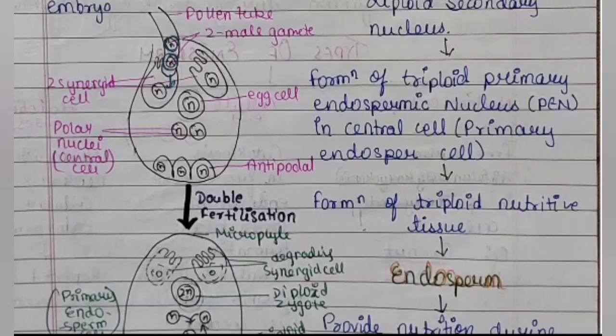So the two male gametes enter through the pollen tube into one of the synergid cells, right? And through the synergid cell, it reaches the egg cell, and here syngamy takes place, which further develops as an embryo. Now the other reaches the polar nuclei, which are already in the diploid state, and this results in triple fusion.